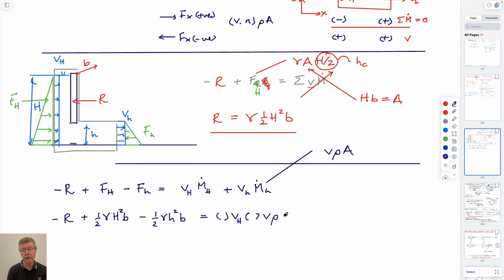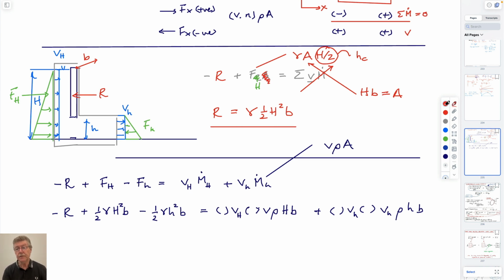The area will be uppercase H times B. And we'll add to that the value for some coefficient, velocity, mass flow rate, which is a velocity, times density times lowercase h times b.